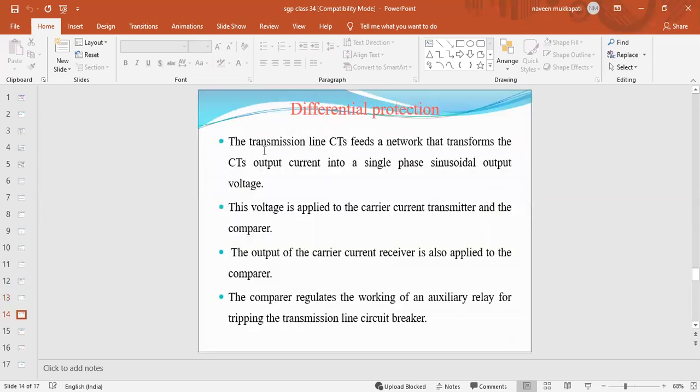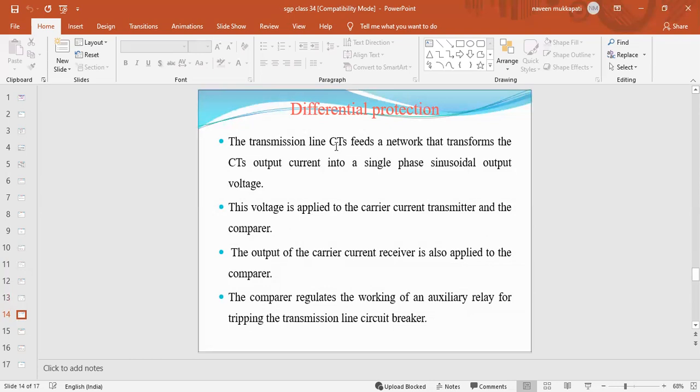The transmission line CTs feed a network that transforms the CT's output current into a single phase sinusoidal output voltage. When the current passes through the CTs, that CT current is converted into the sinusoidal output voltage. This voltage is applied to the transmitter and then compared.